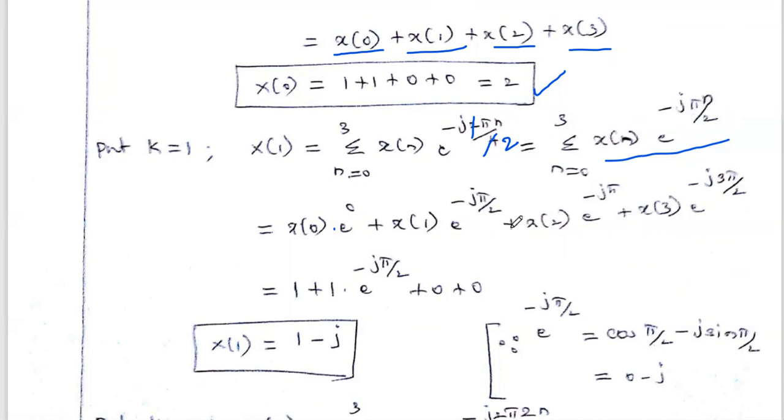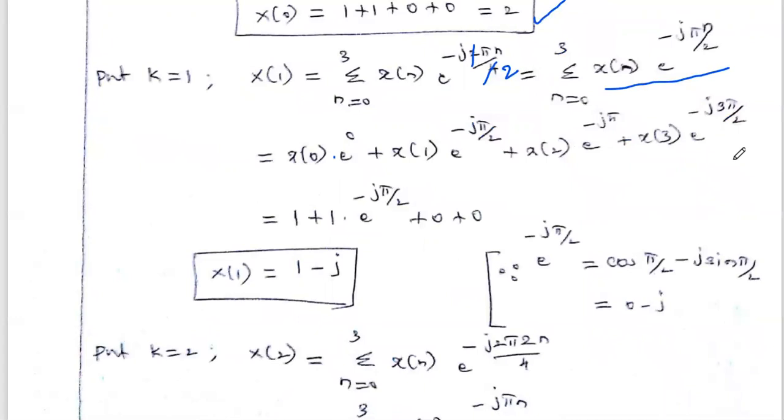Then plus put n equal to 2: x of 2 into e power minus j pi 2 divided by 2, the 2 cancels, so we get e power minus j pi. Then plus put n equal to 3: x of 3 into e power minus j 3 pi by 2.